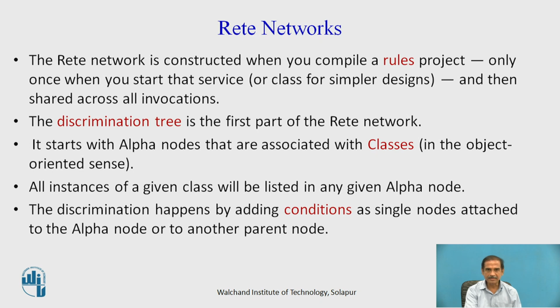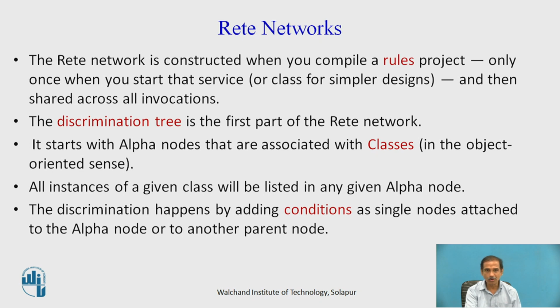The Rete network is constructed once, when you compile a rule project and start the service, and it is then shared across all invocations. A discrimination tree is built in the first part of the Rete network. It starts with alpha nodes that are associated with a class in the object-oriented sense.